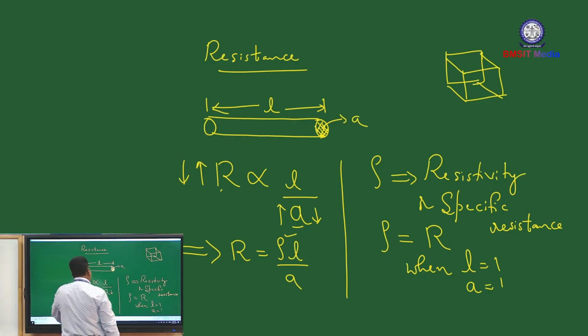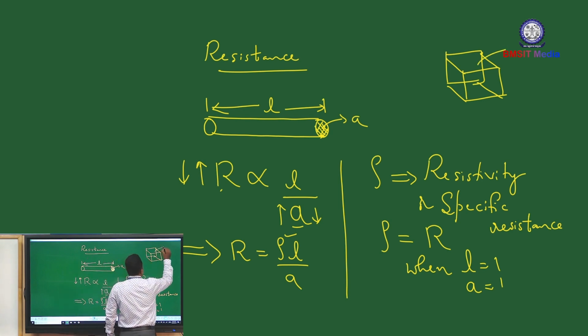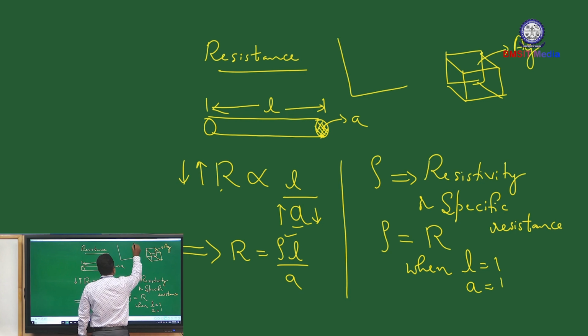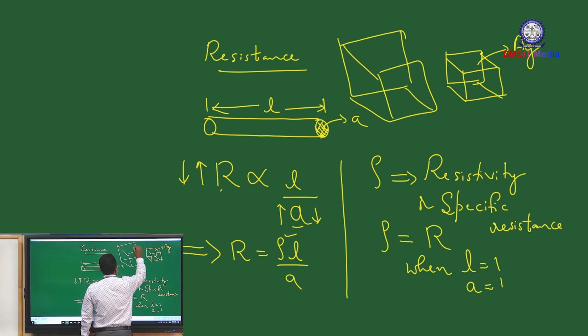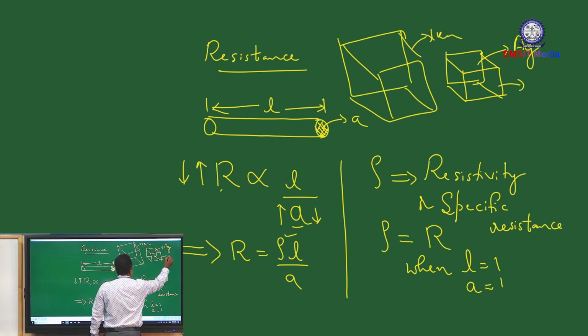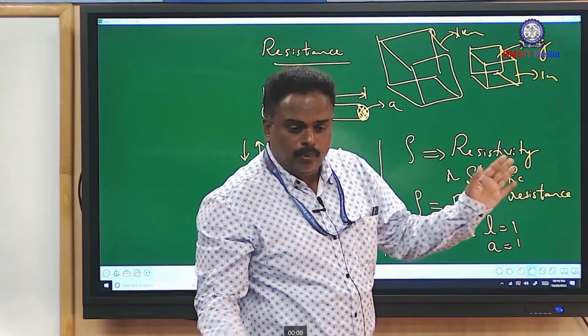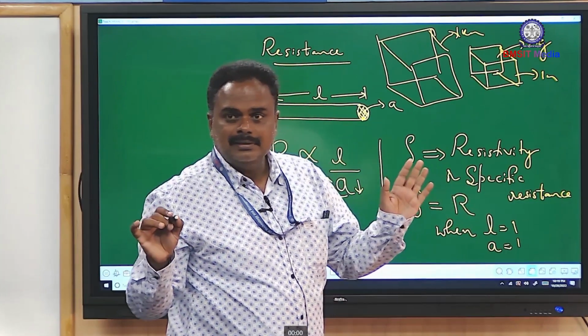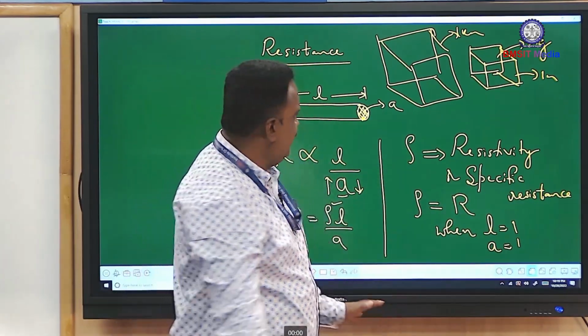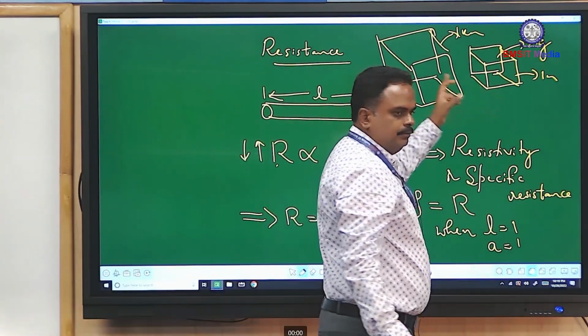If this is silver, and you take the same material, a cube of 1 kilometer, you can imagine, I cannot draw here. Imagine that this is a 1 kilometer cube and this is a 1 meter cube. Both are of the same material. The resistance offered by both is same. Resistivity is same for both.